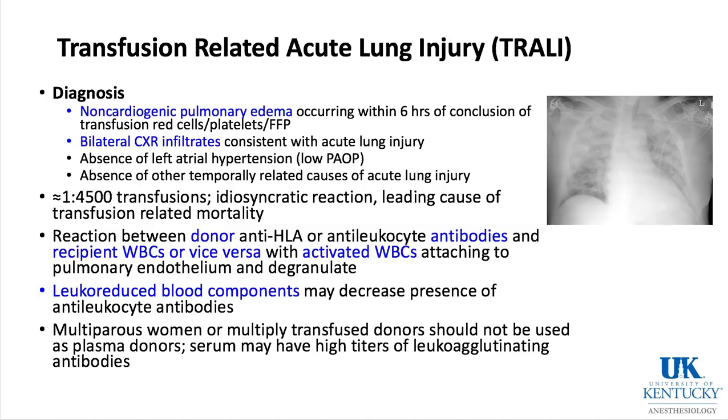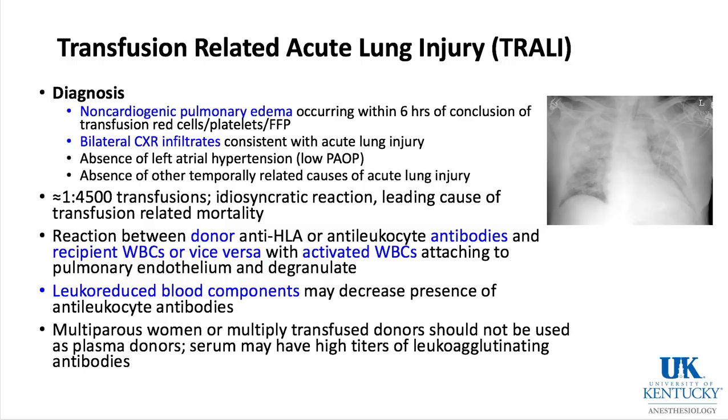The diagnosis of TRALI is made when non-cardiogenic pulmonary edema occurs within 6 hours of transfusion of red blood cells, platelets, or FFP. So it's not just red blood cells, it can be FFP or platelets. Non-cardiogenic means that this isn't a heart that's failing, that pressures are building up in the left side of the heart and going back through the pulmonary vessels and pushing water or fluid out into the alveoli hydrostatically.